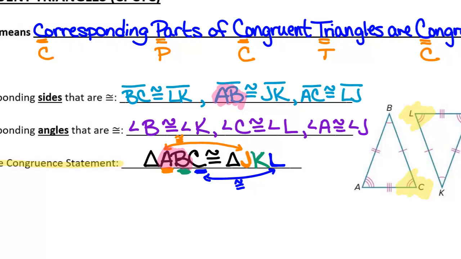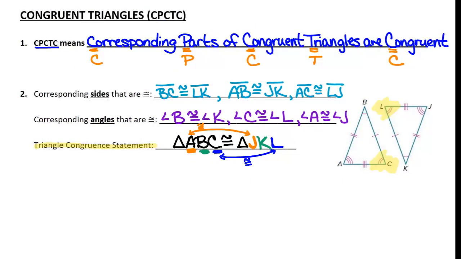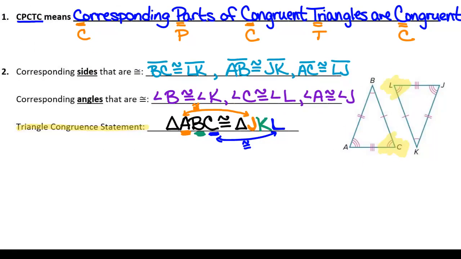We said AB was congruent to what? JK. That is the first two letters here. So this side, AB, is congruent to this side, JK. So that triangle congruent statement matches up the corresponding congruent angles and the corresponding congruent sides.